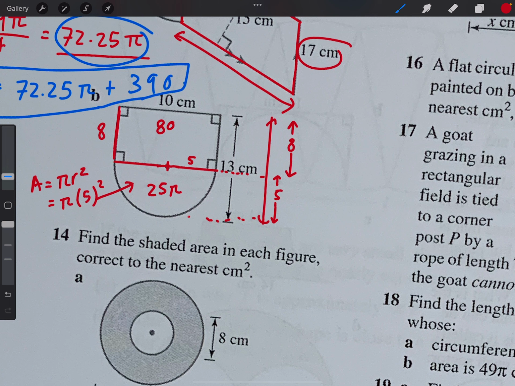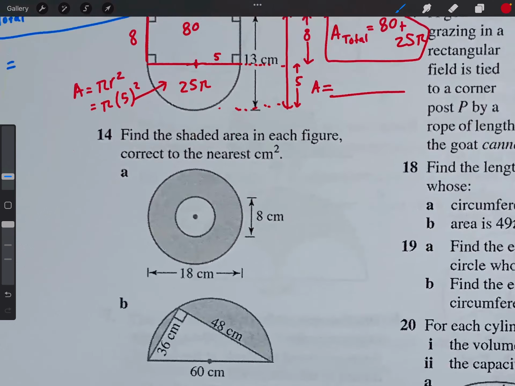So the area of the top is 80, the area of the bottom is 25 pi, so the total area of them two is going to equal 80 plus 25 pi. This is the exact area. Now, if you want to find it to one decimal place, just plug it into your calculator. I'm not going to do that for you.